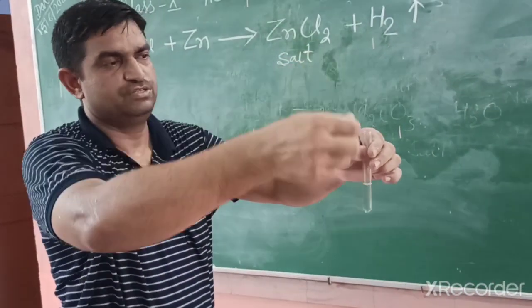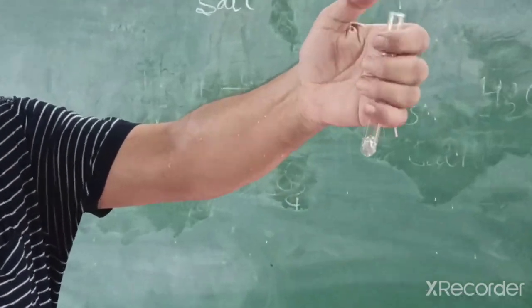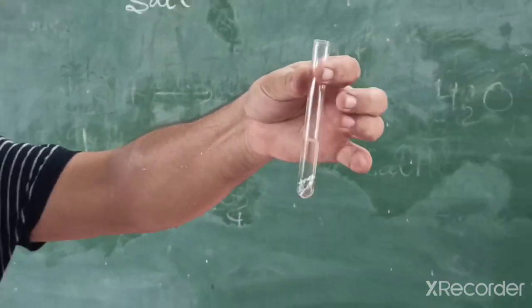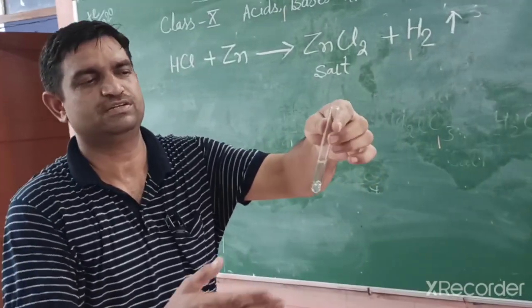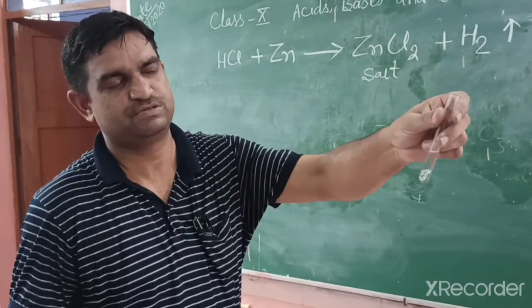When we put zinc granules in sodium hydroxide, hydrogen gas is also released, but it is not released in the cold. When we heat it, then this gas is released.